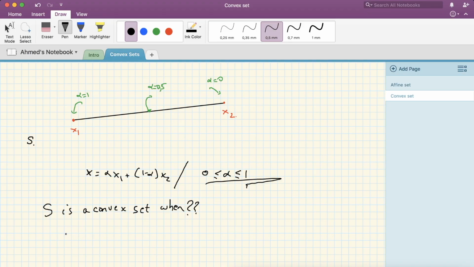The way you can define a convex set is: if you grab any 2 points x1 and x2 in S, their convex combination should fall again in S. So any point of the form αx1 + (1 − α)x2 should also fall in S. But be careful, α is between 0 and 1. If α is in R, if you prove this for all of R, then S is affine.